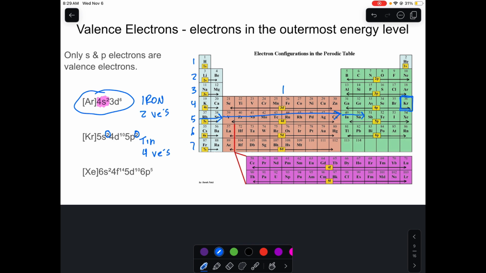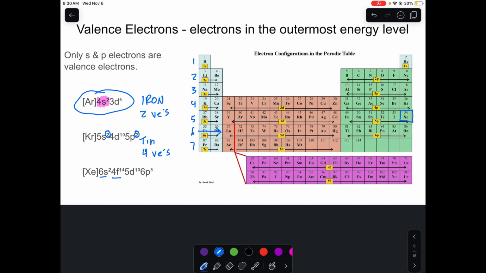Okay, let's do it again for xenon, or whatever this element is that starts with xenon. So we start with xenon, our noble gas, and then we go to 6s2. 4f14.